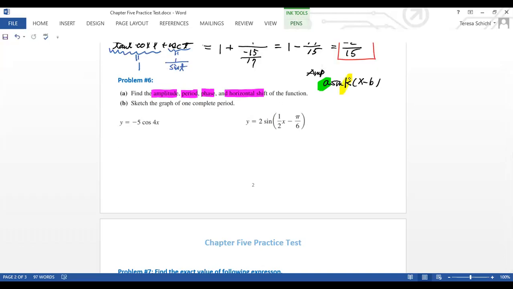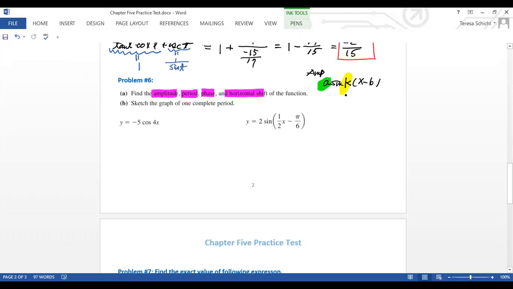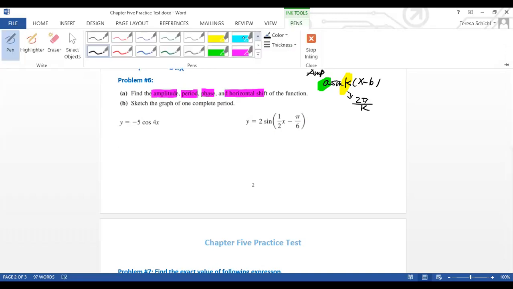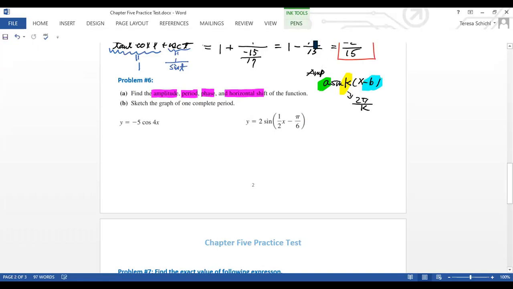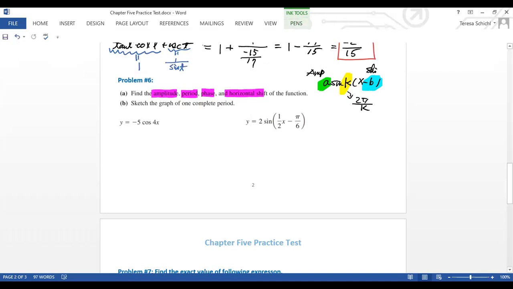And what is this k here? This one is affecting the period, right? So I can say the period is 2 pi over k. And this is the shift, okay?